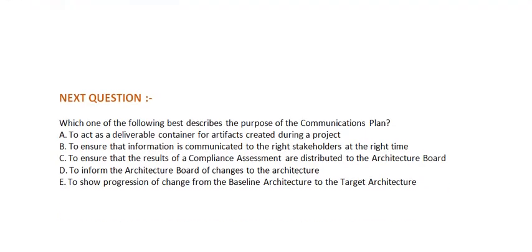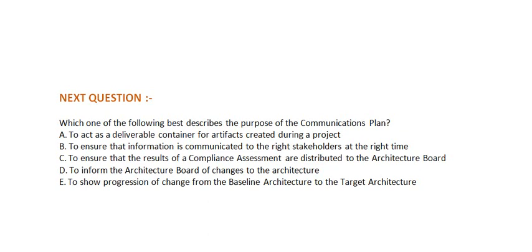Next question is: which one of the following best describes the purpose of the communications plan? Option A: to act as a deliverable container for artifacts created during a project. Option B: to ensure that information is communicated to the right stakeholders at the right time.